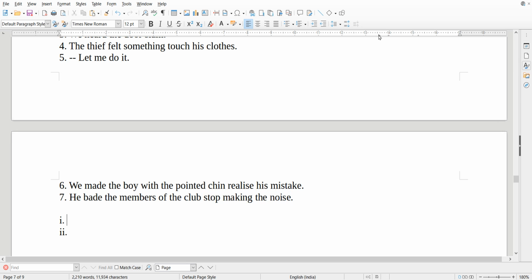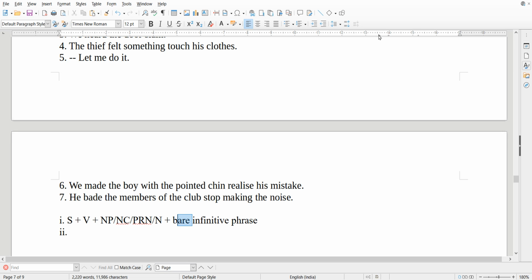The pattern is subject plus verb plus noun phrase, noun clause, or simply pronoun or noun, plus a bare infinitive phrase, so an infinitive phrase without to.